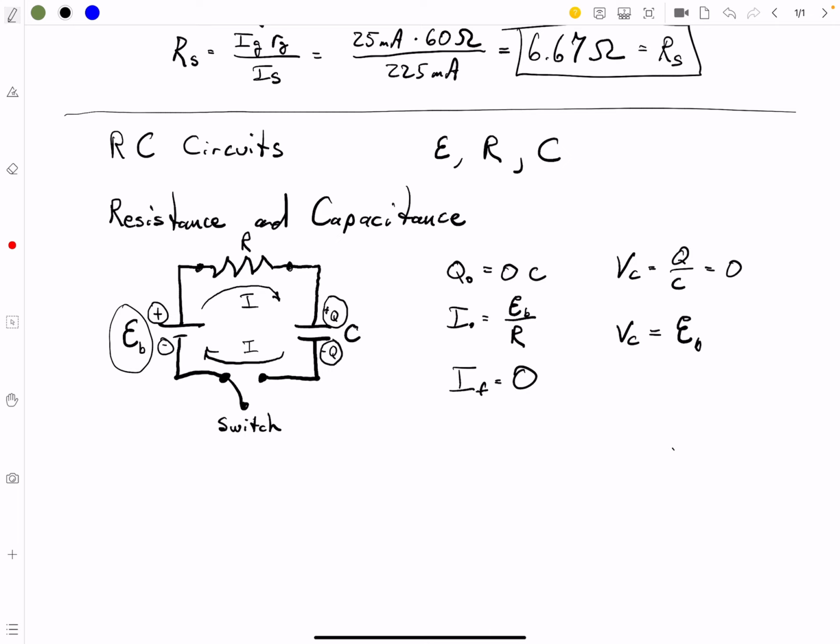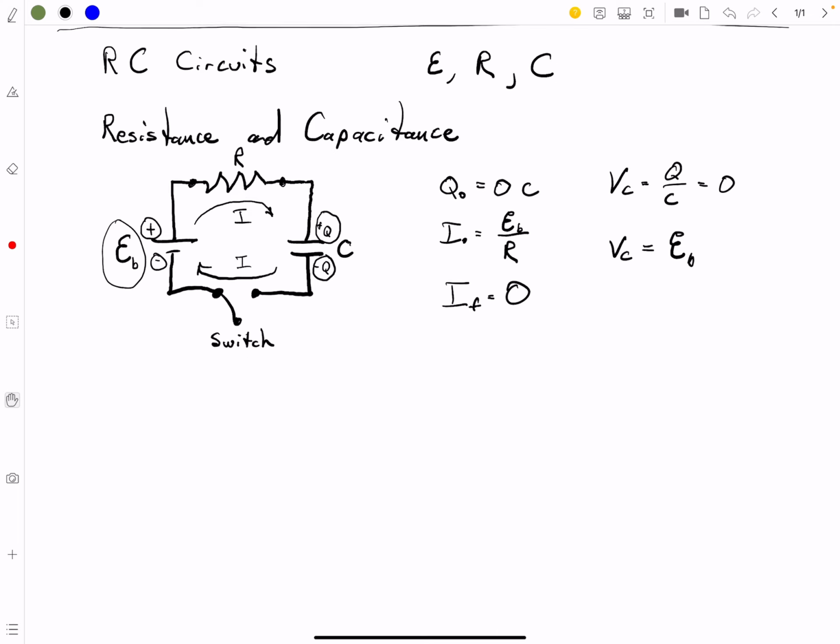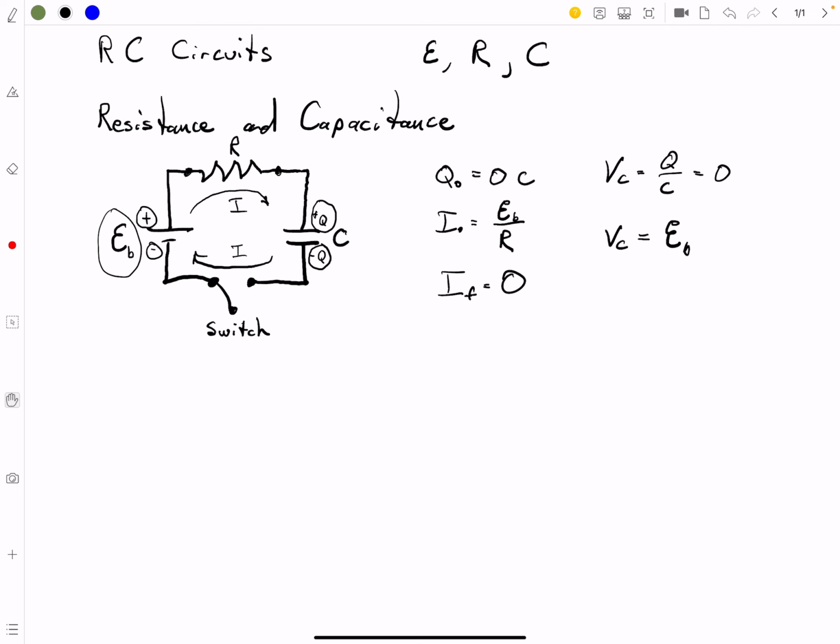Let's just draw a little graph that does this. Okay, here's time.